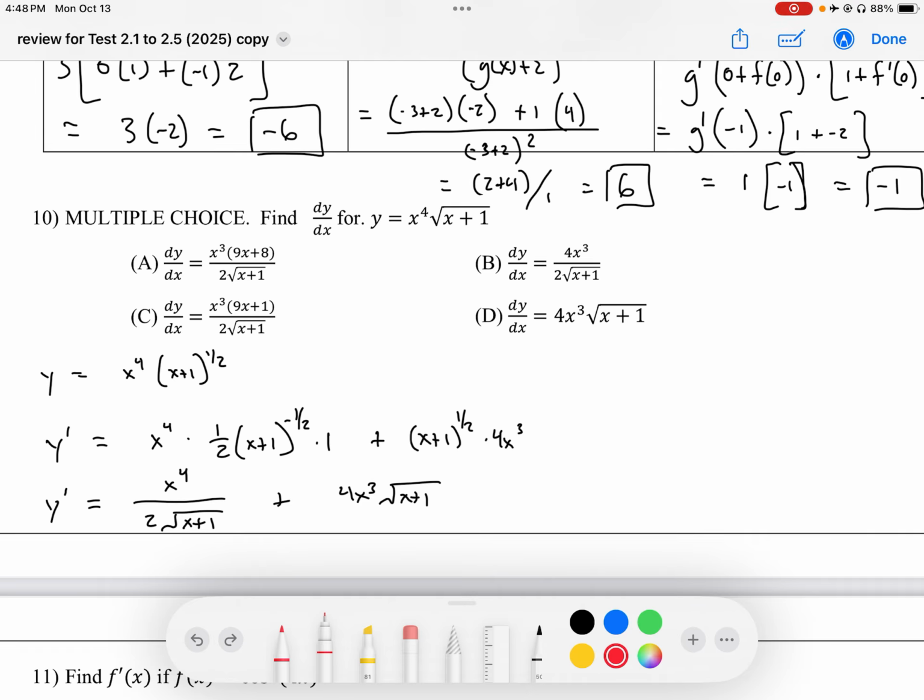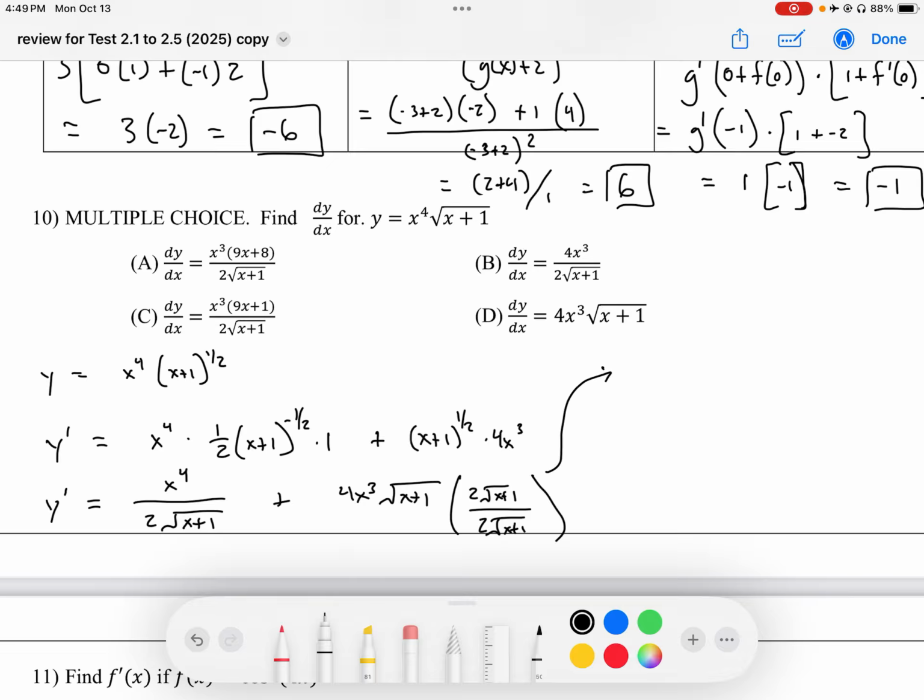And because I have 1/2, I can write it as just 2 in the denominator, which is the same thing. So really the only thing that's left in the numerator is the x to the 4th. So I need to get a common denominator here by multiplying this by 2 root x plus 1 over 2 root x plus 1.